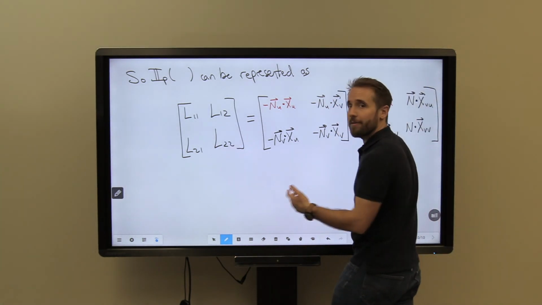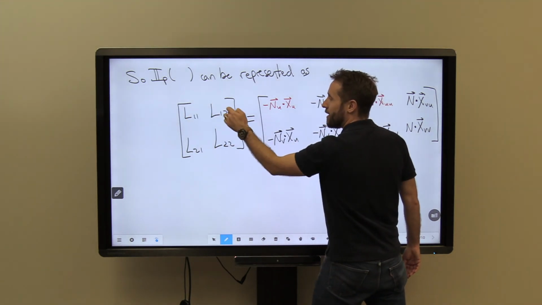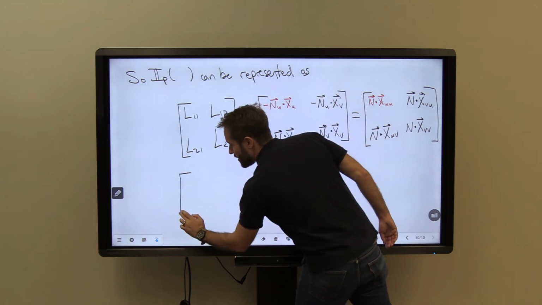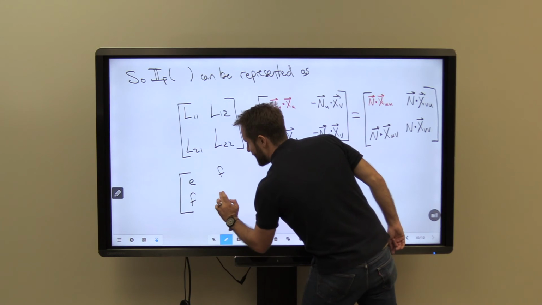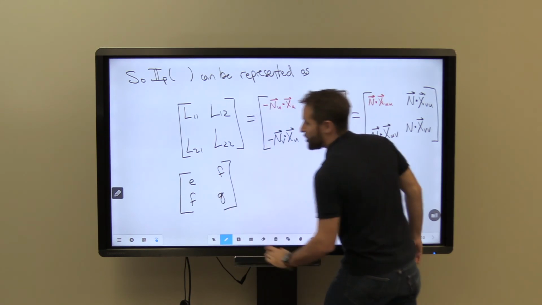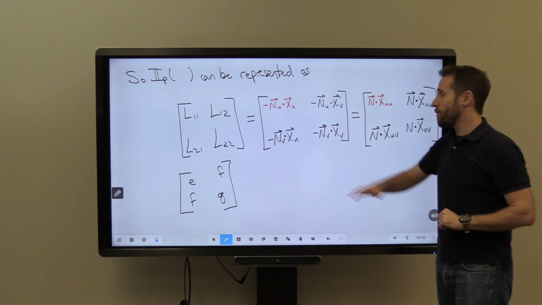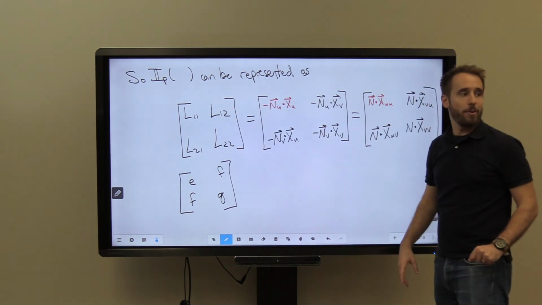The notation that our book tends to use is L11, L12, L21, L22. But we also have the notation of lowercase e, lowercase f, and lowercase g, in case that's not confusing enough for all of you. So we typically won't use that notation. We'll typically use this notation, but I wanted to mention that.